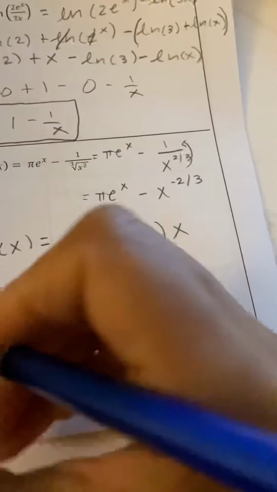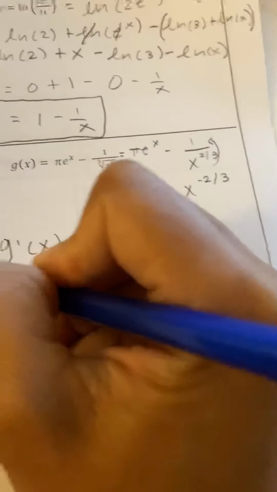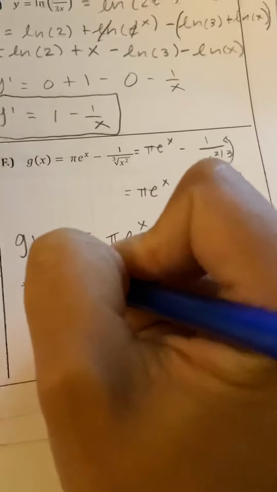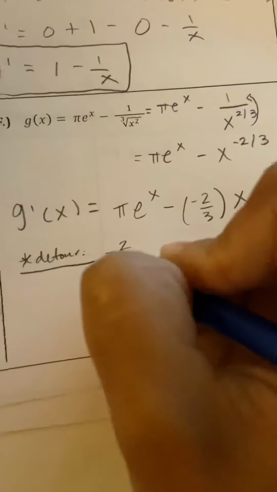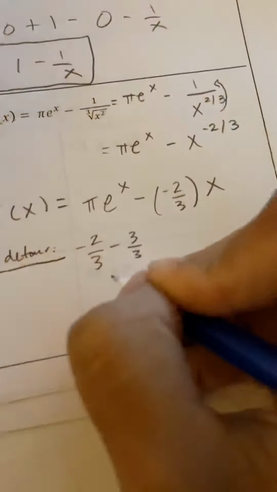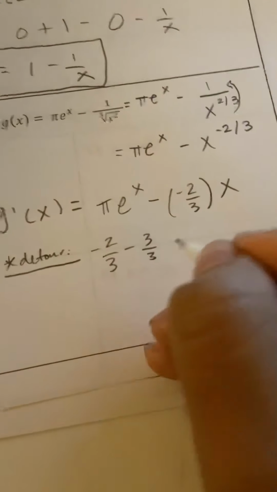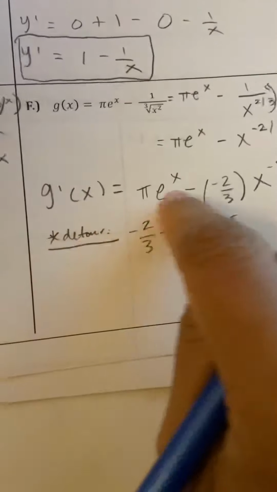So here, I'm going to say detour. Take away 1 from the exponent, so negative 2/3 minus 3 over 3. Whatever denominator I have, I just make it common denominator. Easier. Negative 2 minus 3 is negative 5. Keep that common denominator. So my new exponent is negative 5/3. So that is my answer, but I just have to simplify it, make it look pretty.